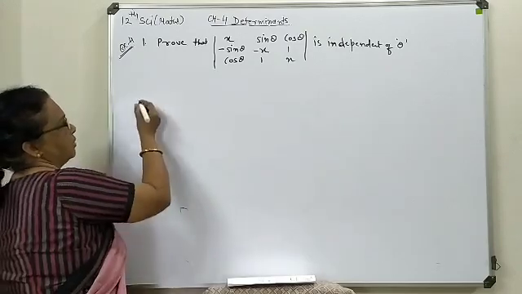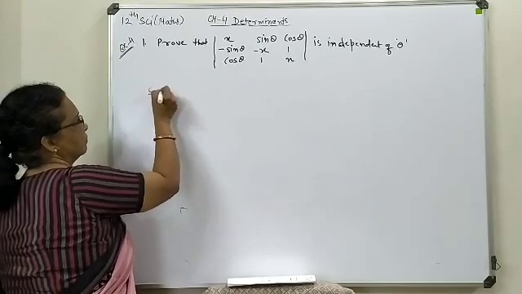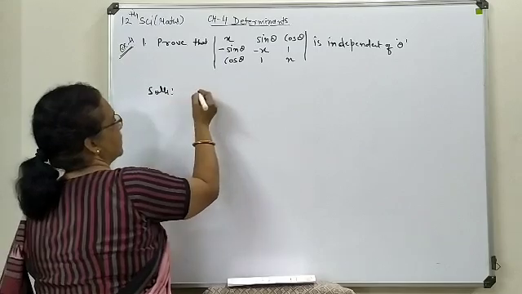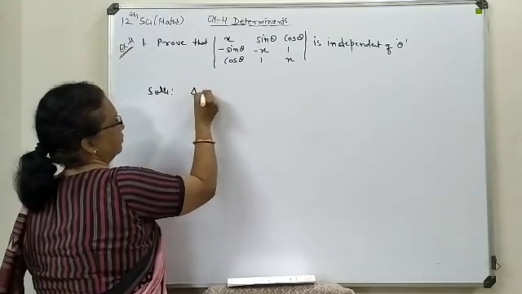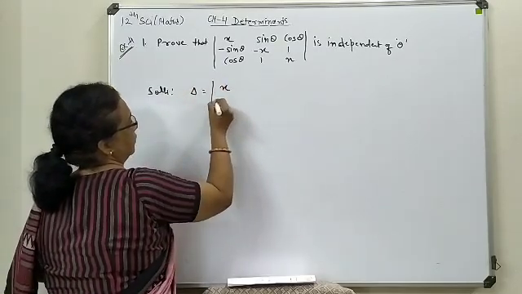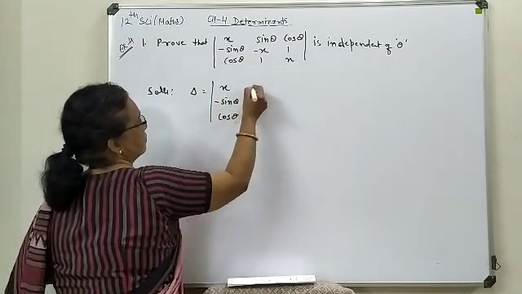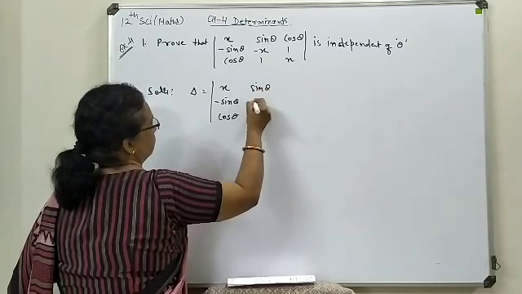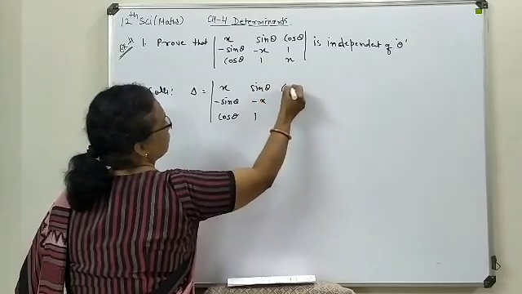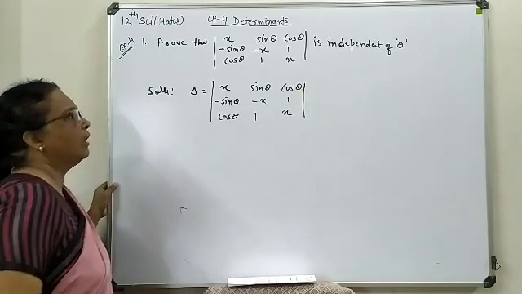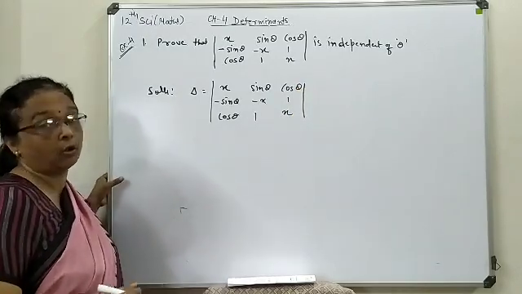Look at the solution here. First write down the determinant. Here you can see the combinations are quite odd.